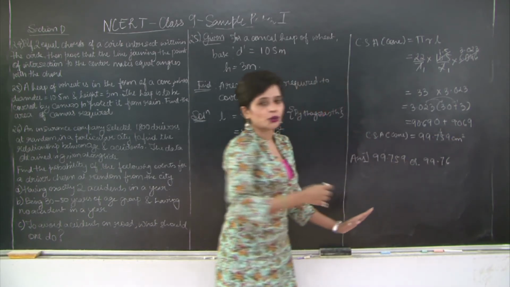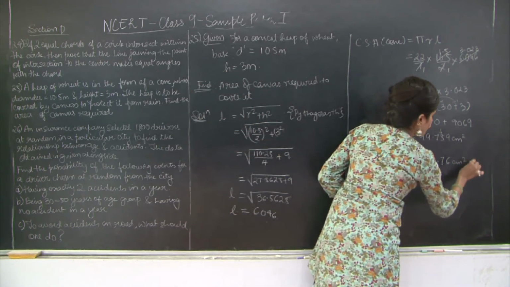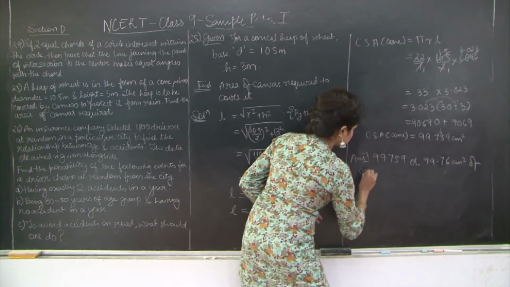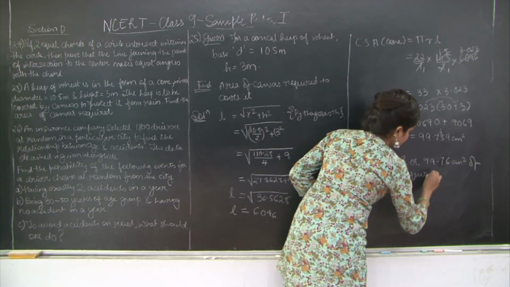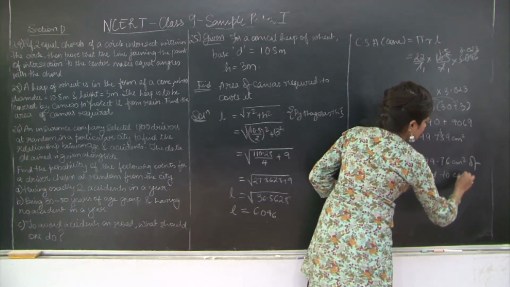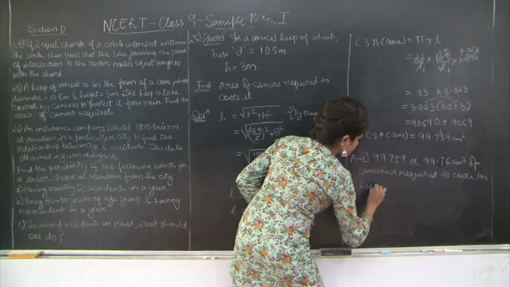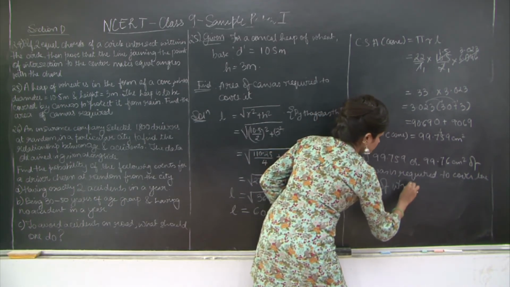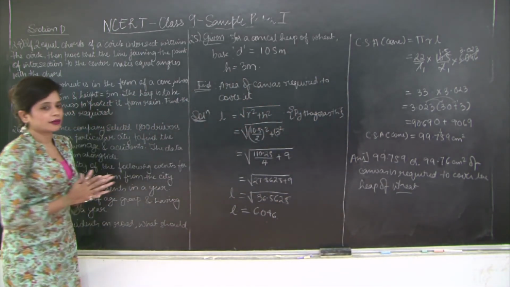So it's good to have just 2 digits after the decimal. 99.76 centimeter square of canvas is required to cover the heap of wheat. So here is the solution to question number 25.